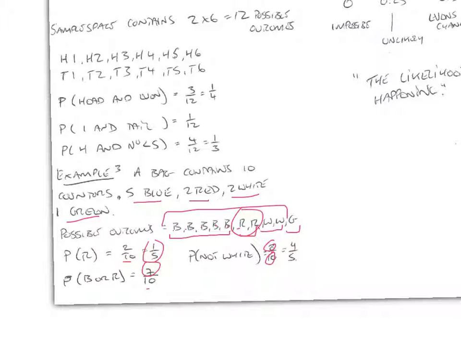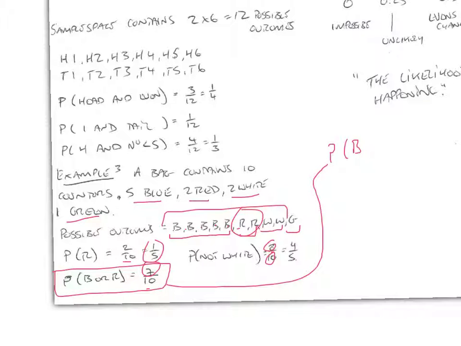Just while we're here, I want to come back to this for one moment. It's something you'll meet as you go up the line again, but it's worth a little mention now. If we're looking for the probability of a blue counter or a red counter, we found by looking at the sample space that it was 7 over 10.